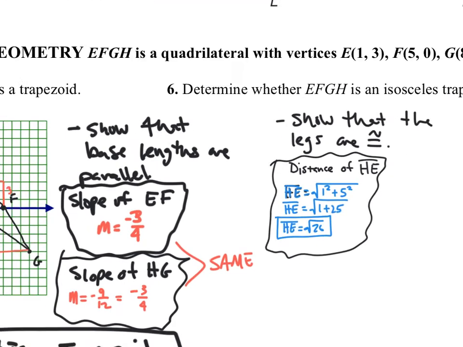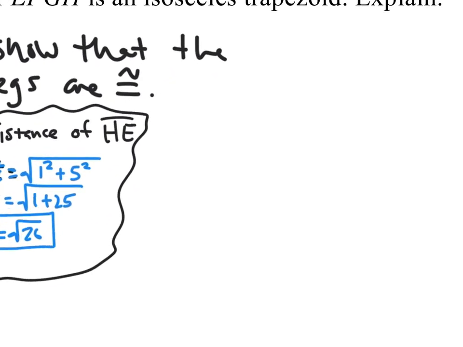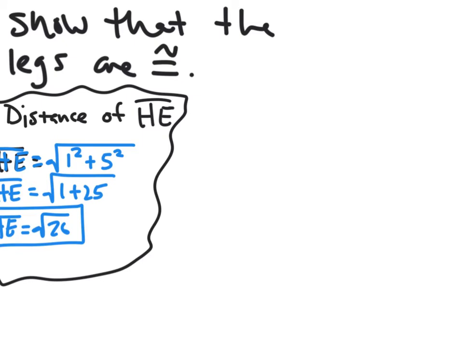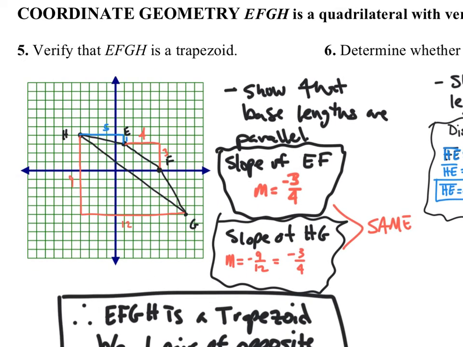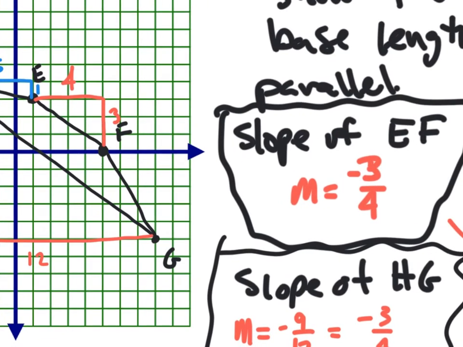And in the next one, I want to find the distance of FG. Let me do that real quick and draw this. We may not get the same thing; I think it's a little bit different. This goes over 3 and then down 5, so it's a 3 by 5 right triangle.